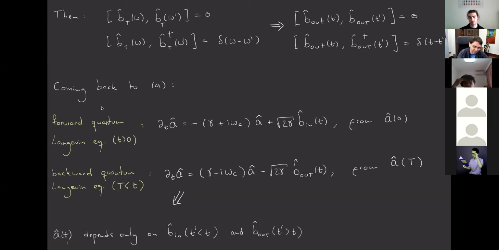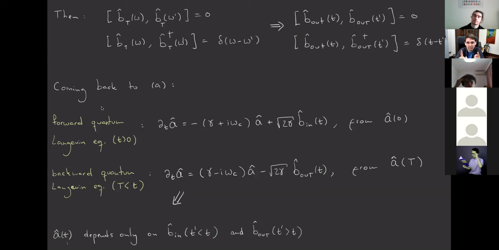Now, because you know that the input and the output operators satisfy these canonical commutation relations, in particular they commute at different times.